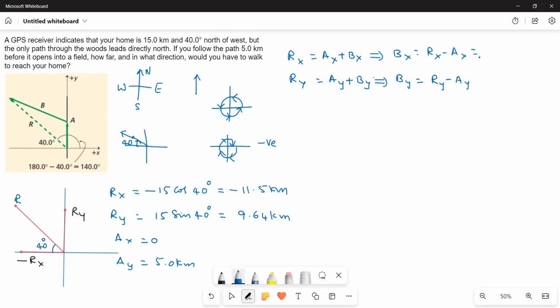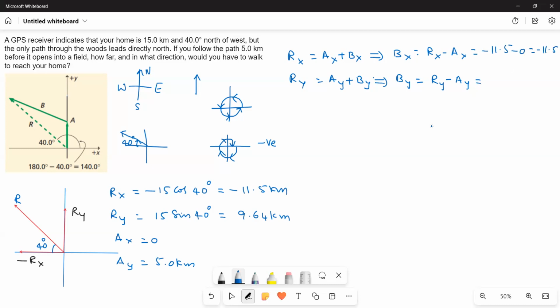Now, put the values here. Rx is equal to negative 11.5, and Ax is equal to 0, so Bx is equal to negative 11.5.